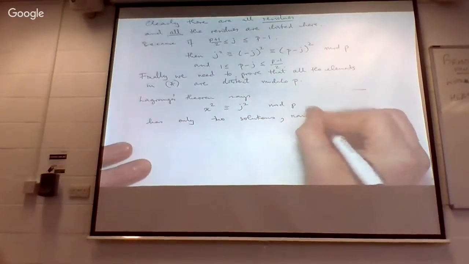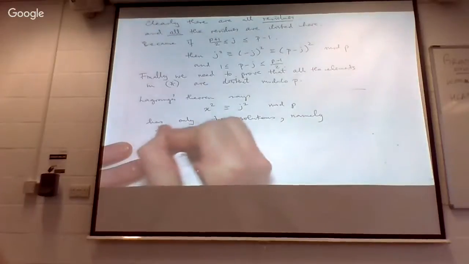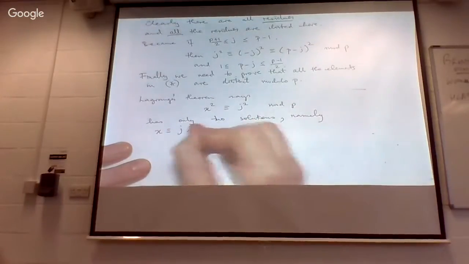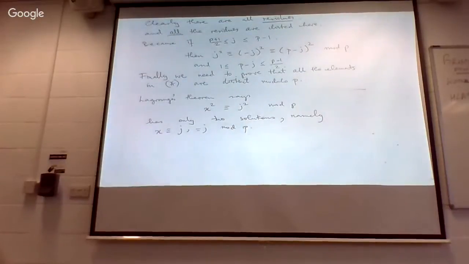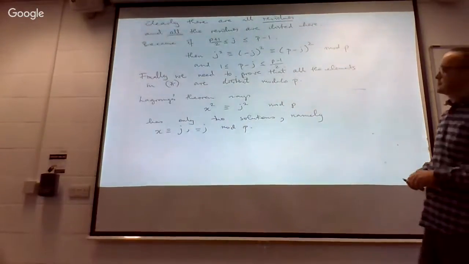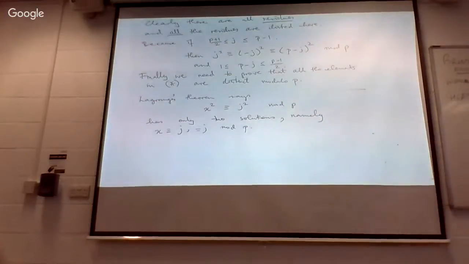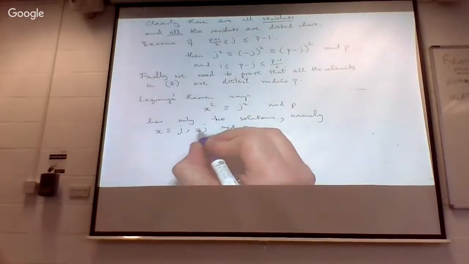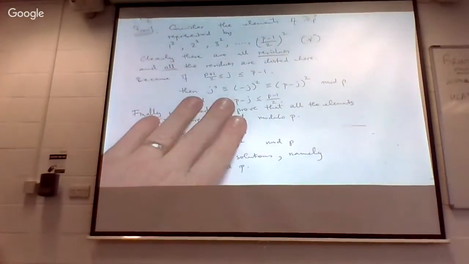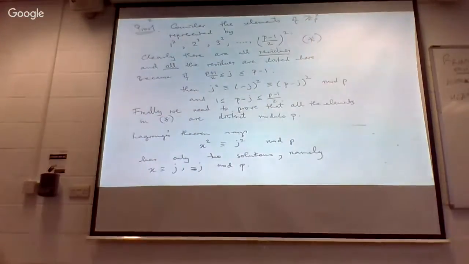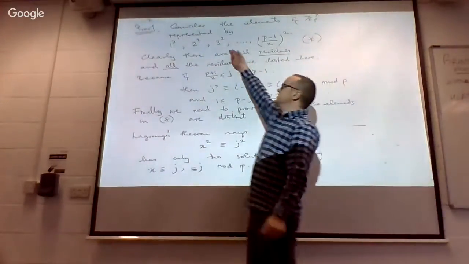Namely, x congruent to j or minus j modulo p. So minus j, that second one. j and minus j. So that means here's our j, here's 3 squared.